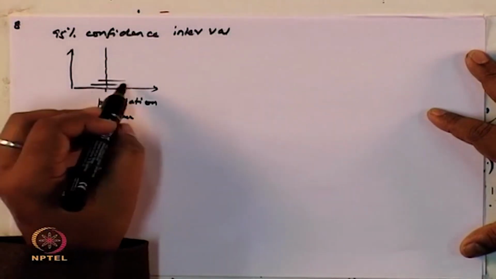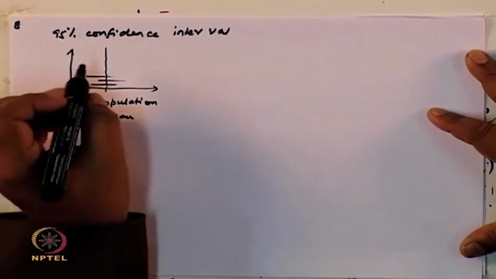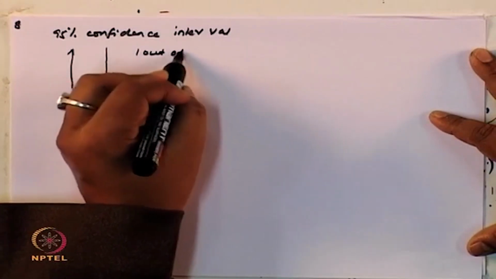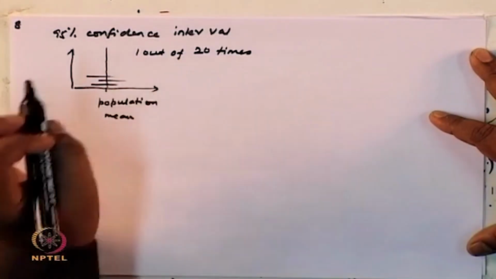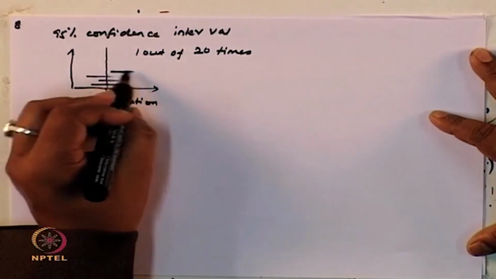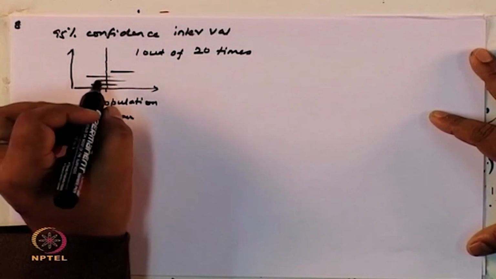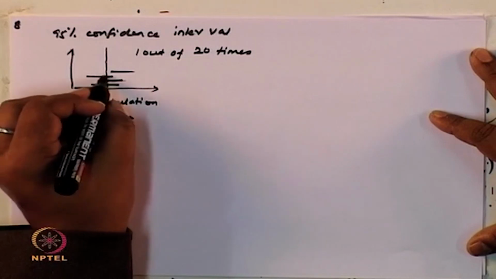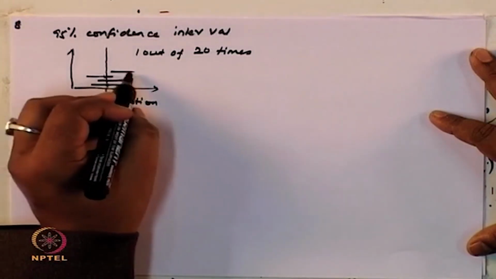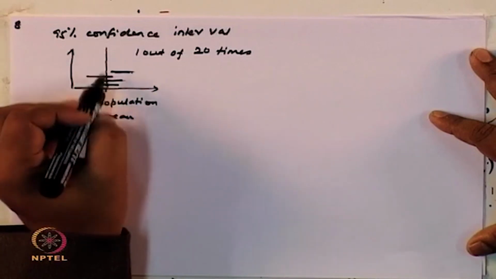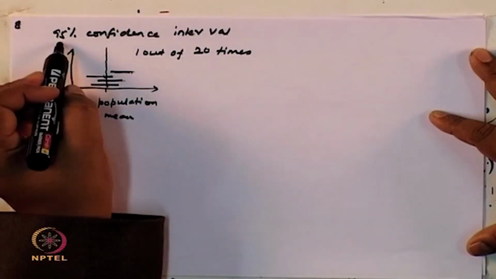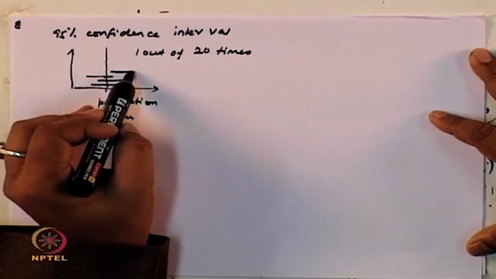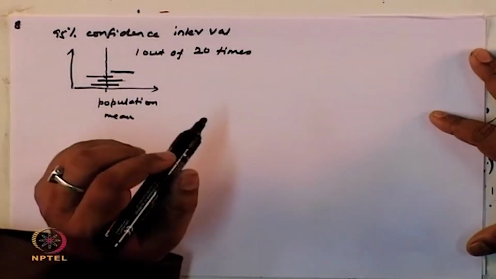You get values between these two, and so on. Only 95% means only once out of 20 times you will probably get an interval like this, which does not contain the population mean. In all of these three cases, the range contains the population mean, but this is an example where the range does not. So when we say 95% confidence interval, it means that only in 1 out of 20 times will you have a scenario where the population mean does not lie in that interval.